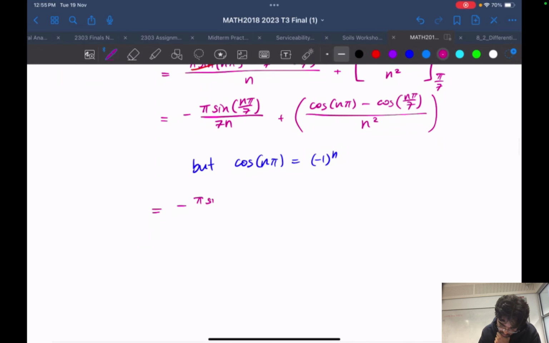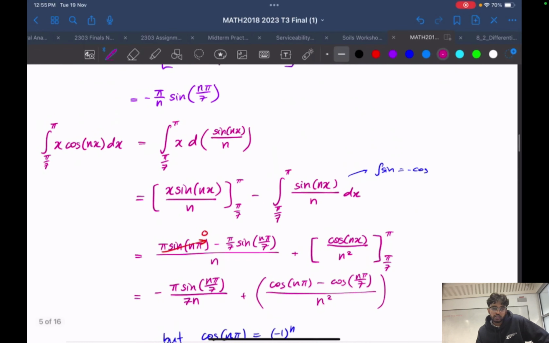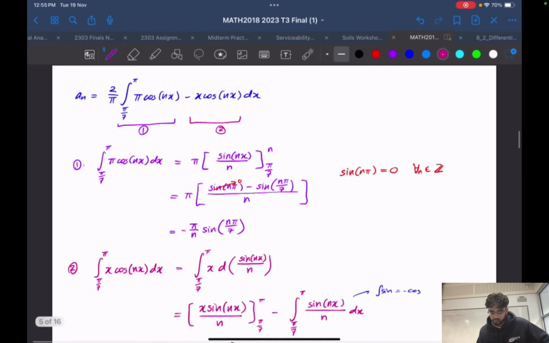Minus pi sine pi over 7, divided by 7n, plus minus 1 to the n over n minus cos pi n over 7 divided by n squared. That's the integral. It looks very disgusting, but it's correct.